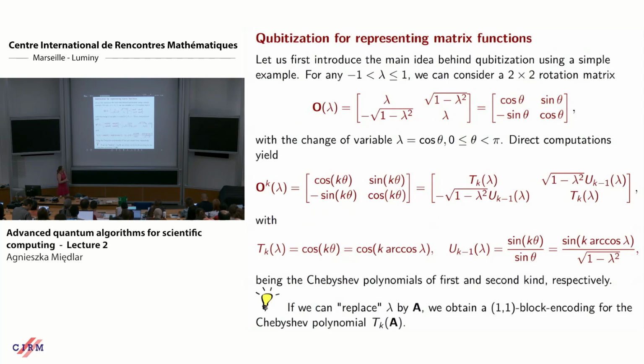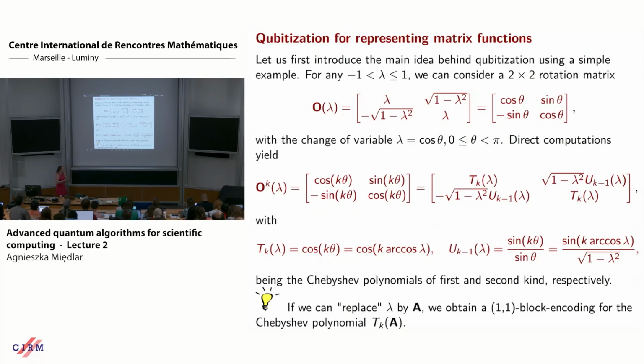So the goal for us is, I said, we want to evaluate functions of matrices. In particular, we want to evaluate a polynomial of a matrix, and I want a Chebyshev polynomial. So my goal at the end is to have here the kth Chebyshev polynomial applied to A, not a scalar lambda, but a matrix.